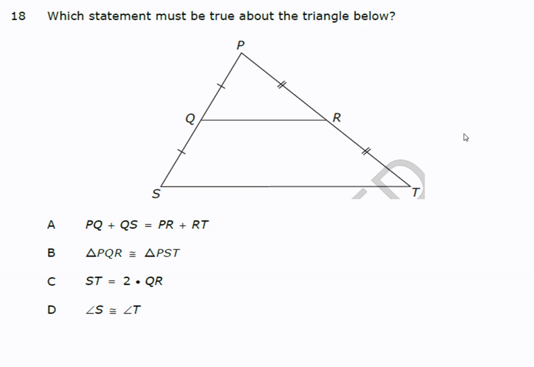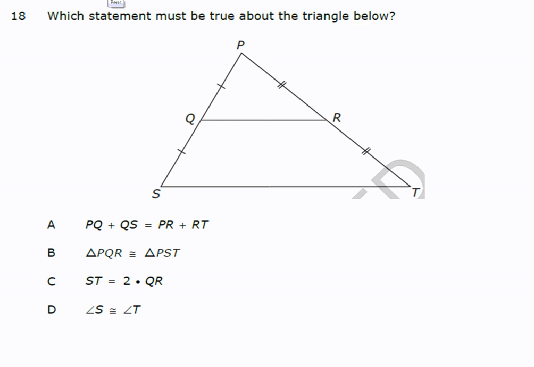Which statement must be true about the triangle below? All right, looking at this triangle, we notice some things immediately. First off, we have a mid-segment here. These two segments are congruent. These two segments are congruent. This line, QR, is connecting the midpoints, which means this is a mid-segment.